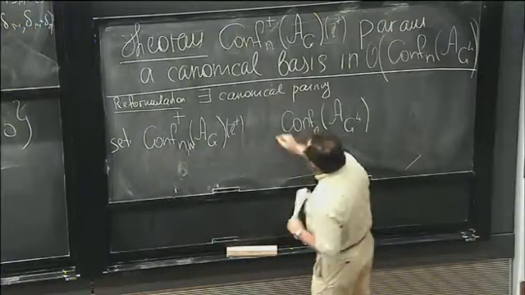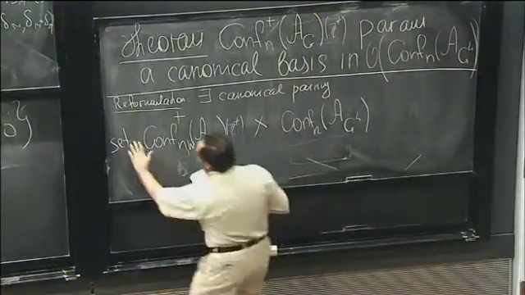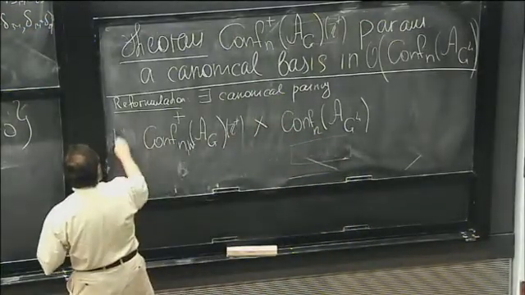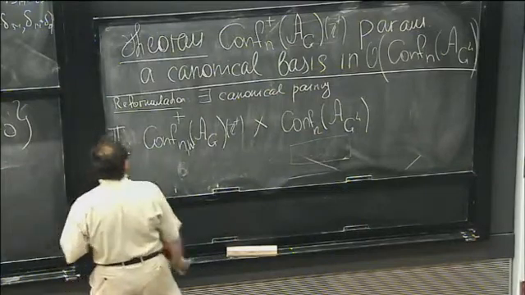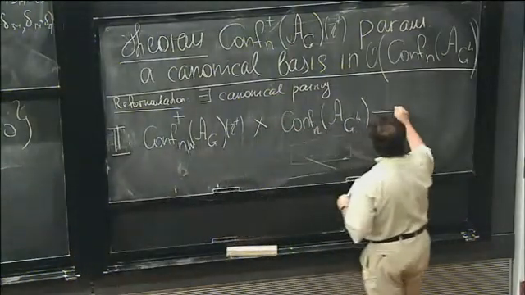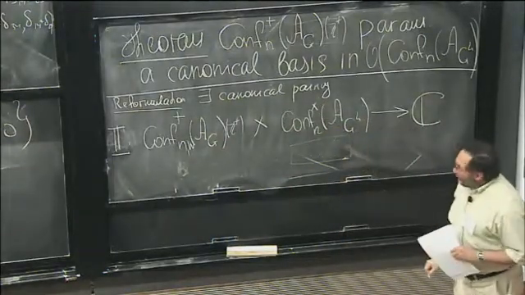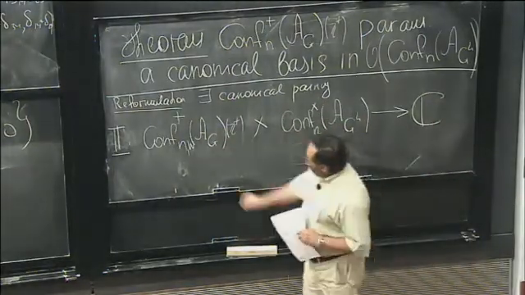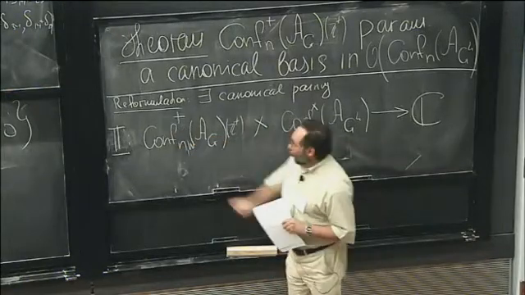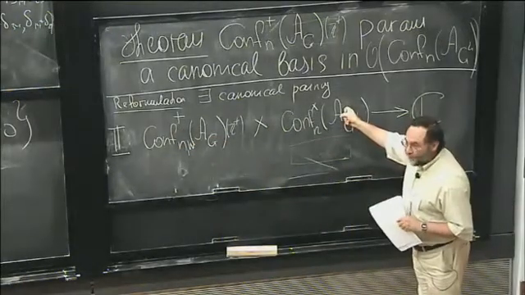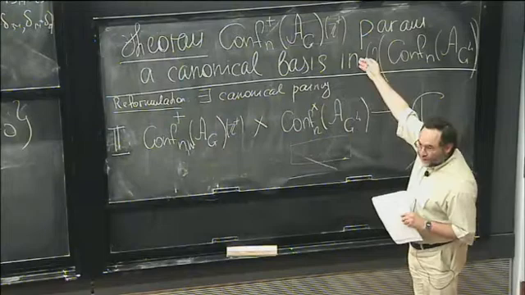And the claim is that there exists a canonical map, just a single map, from the set multiplied by the space to complex numbers. This is just a reformulation because it says that whenever you have a point here, you can think about this as a function on this space. And that's in particular what the theorem tells you.